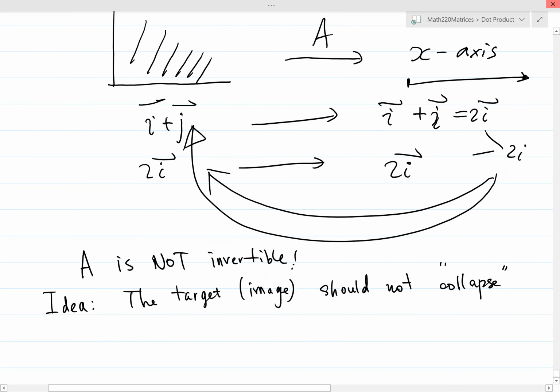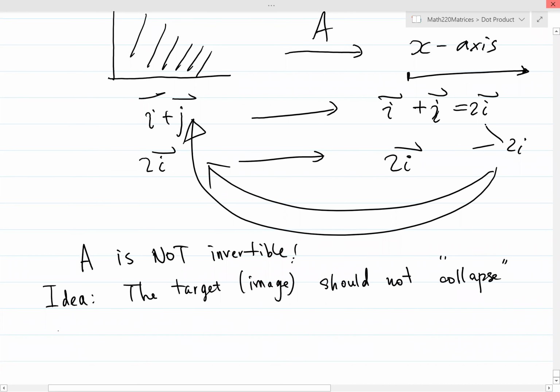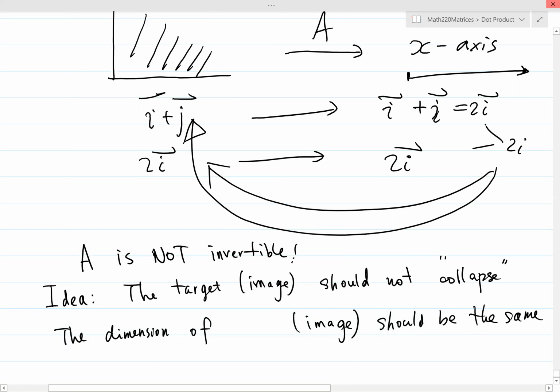That is, the dimension of the target vector space, the dimension of the image, should be the same. If you map a plane, then you should get a plane so that you can do the inverse.